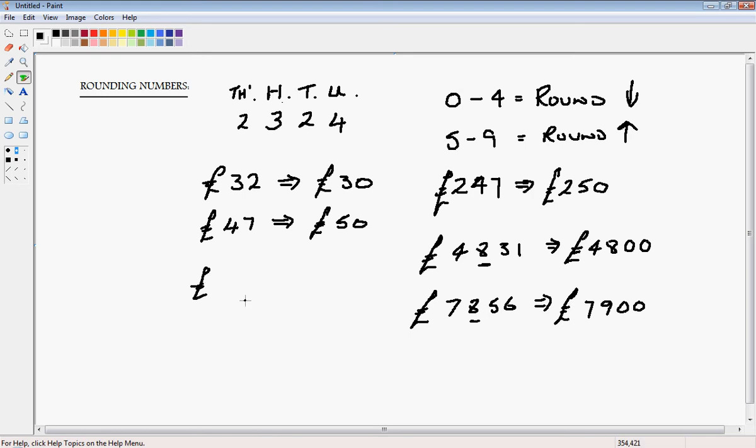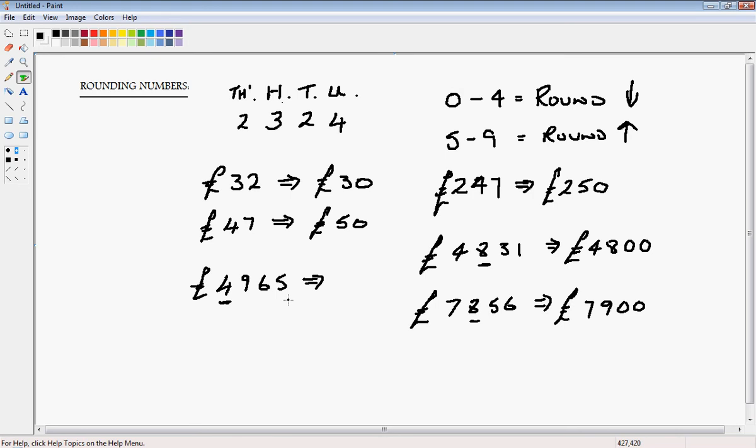Okay, so let's say we have 4,965, and they say round this to the nearest 1,000. Now our thousands are here, 4,000. So we look at the next numbers.